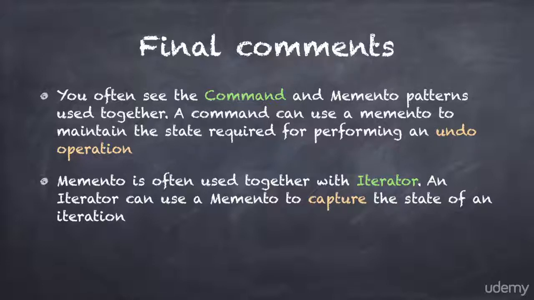A command can use a memento to maintain the state required for performing an undo operation. And finally, memento is often used together with iterator. An iterator can use a memento to capture the state of an iteration. The iterator stores the memento internally.